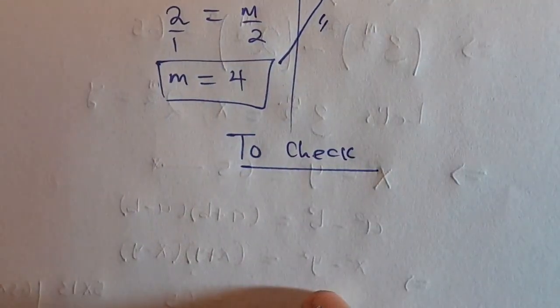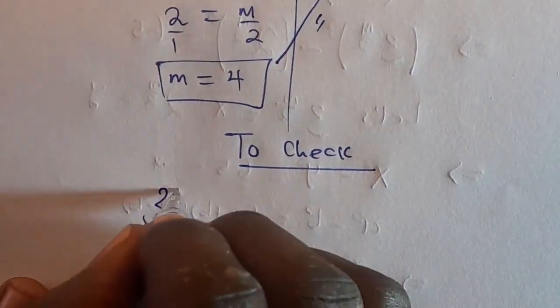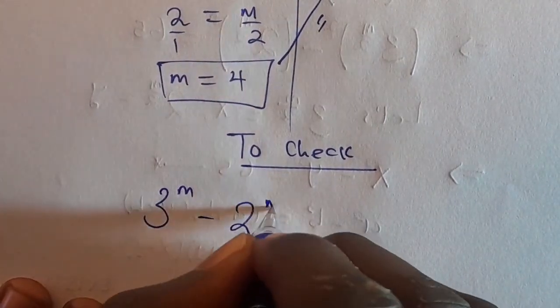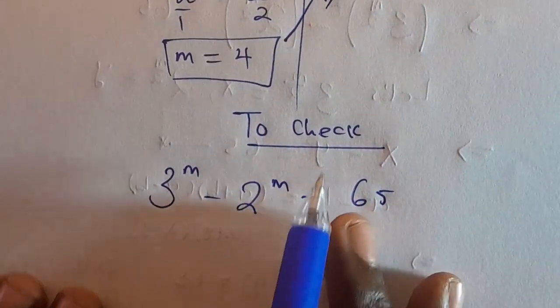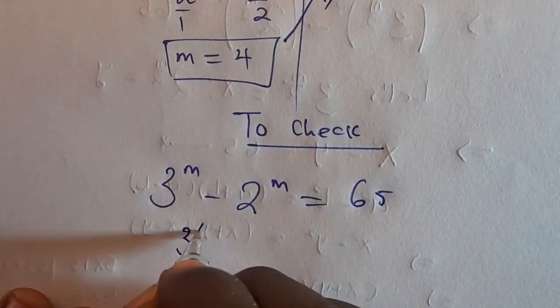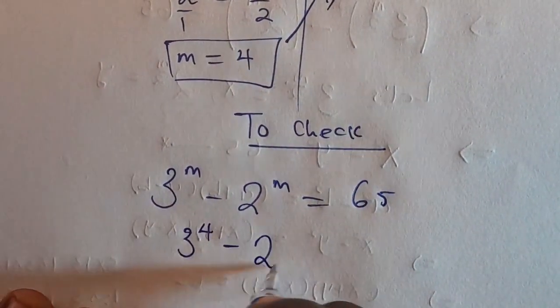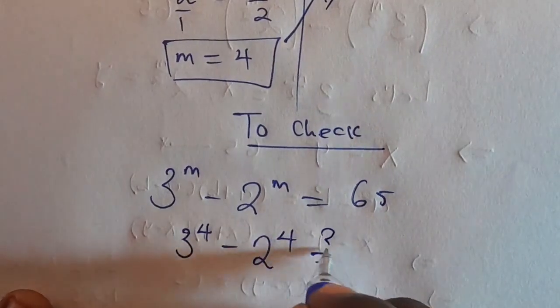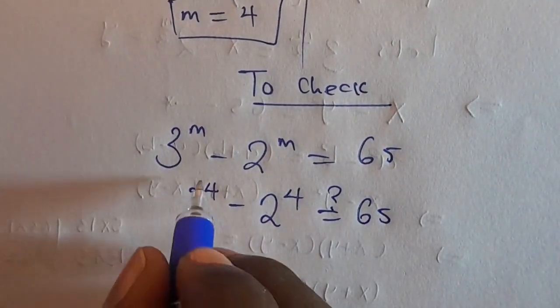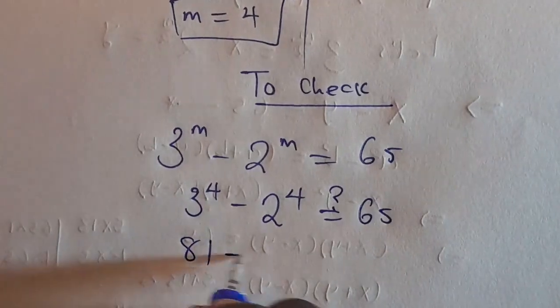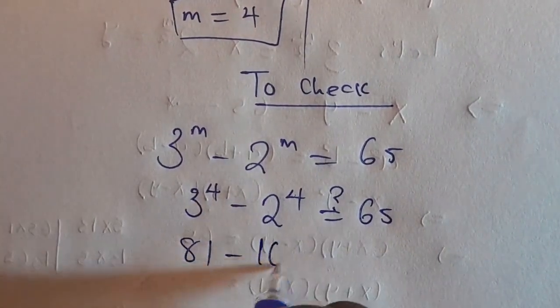Now, to check, we have 3 to the power of m minus 2 to the power of m equals 65. Now, when m equals 4, we have 3 to the power of 4 minus 2 to the power of 4, which is going to give us 65. From the left hand side, 3 to the power of 4 is 81. 2 to the power of 4 will give us 16.